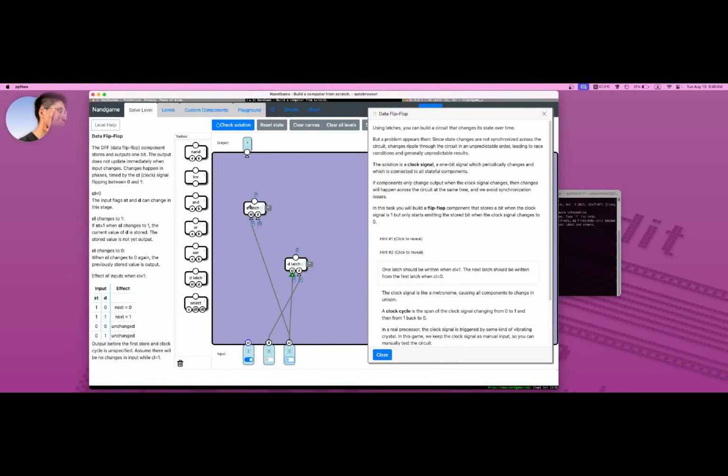Clock is 0, it should be written. But even when it is 0, it doesn't write. So we need to use inverse here.